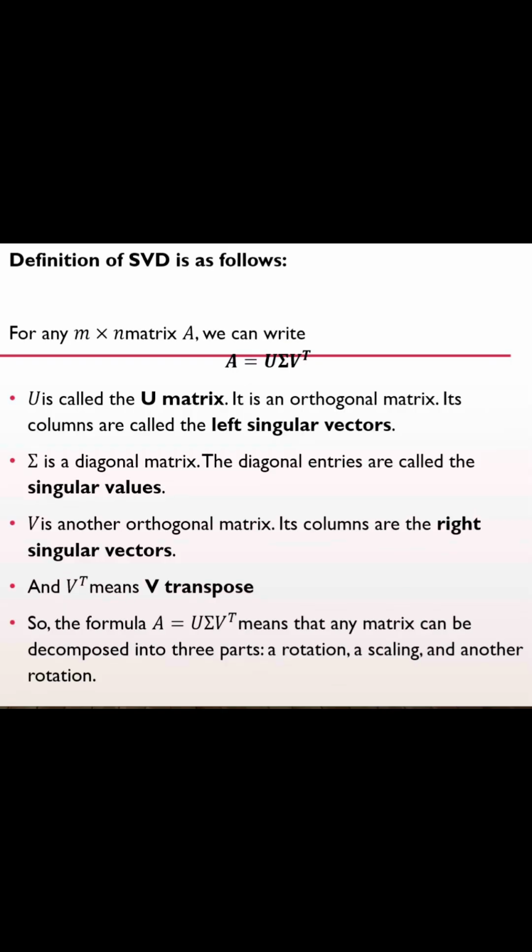And V is another orthogonal matrix whose columns are the right singular vectors, and V power T means V transpose. So the formula A equals U sigma V transpose means that any matrix can be decomposed into three parts: a rotation, a scaling, and another rotation.